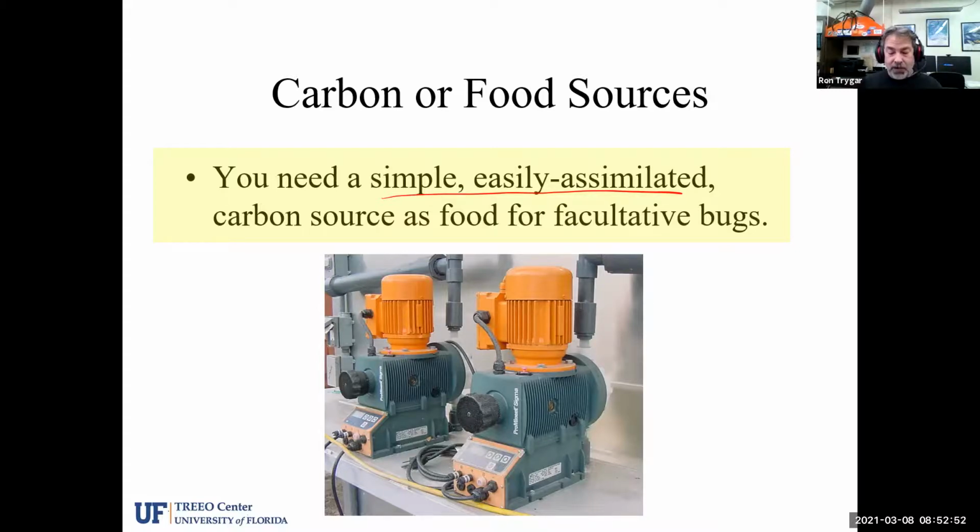We don't want them having to excrete enzymes to break down the carbon on the external parts of their cells, because if this is something that's too difficult for them to break apart, then this could be carried out into the clarifiers or even out into the effluent, which would cause effluent BOD violations or elevated BOD going out in the effluent. So we want something simple that's easy to dose. So those chemicals are generally the methanols, acetates, glycerols, those types of chemicals that can be fed.